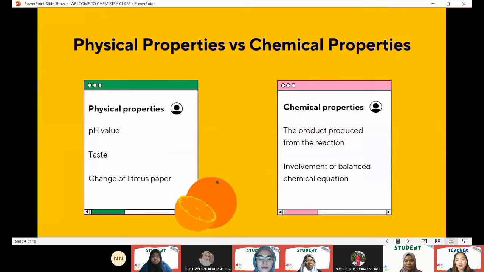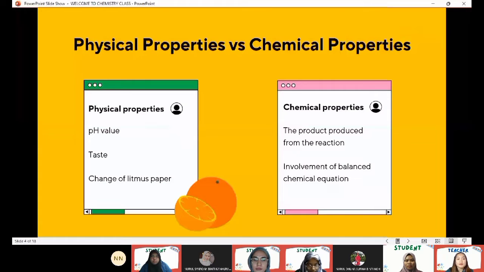For physical properties, acid usually has a pH value less than 7, and acid also has a sour taste and is able to change litmus paper from blue to red. But chemical properties are different, because we observe the products produced when the alkali and acid react with other substances, and it usually involves a balanced chemical equation.